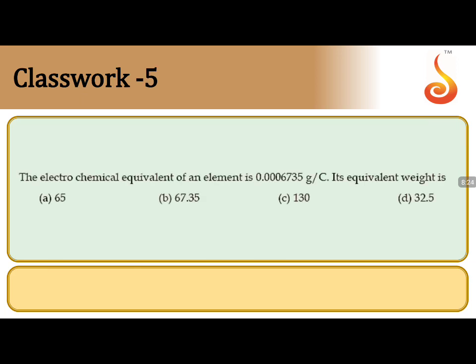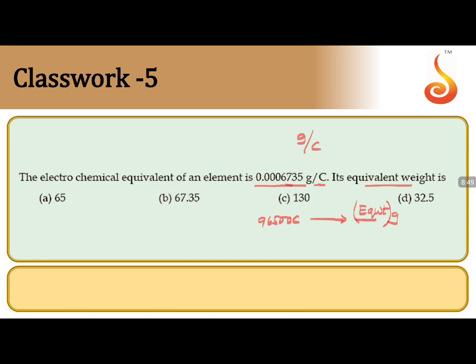The electrochemical equivalent of an element is 0.00066735 gram per coulomb. This is very important. Gram per coulomb is given. Its equivalent weight is how much? So how do we calculate? 96,500 coulomb is equivalent to the equivalent weight in grams of a substance.